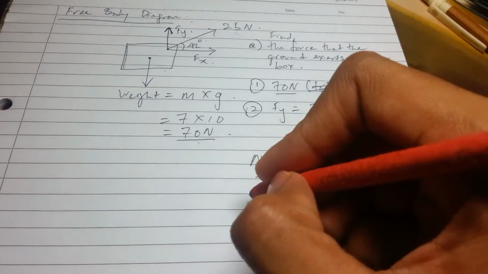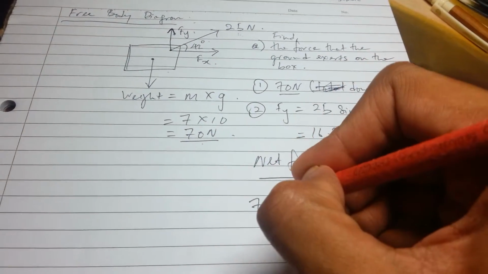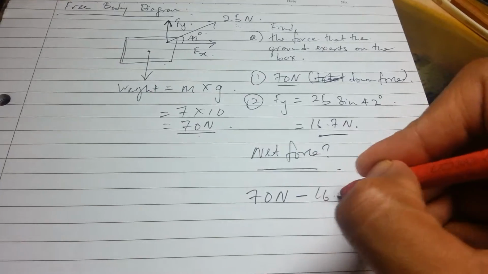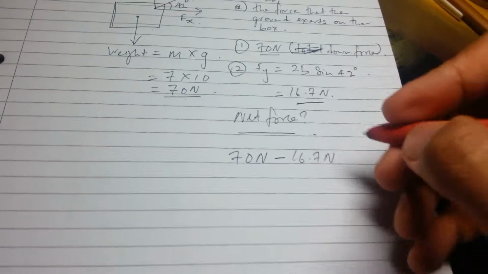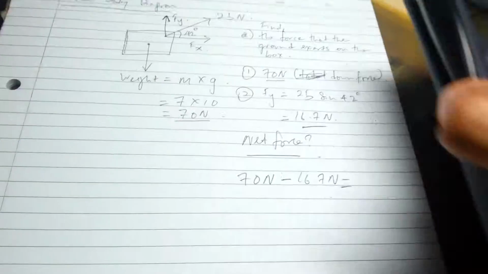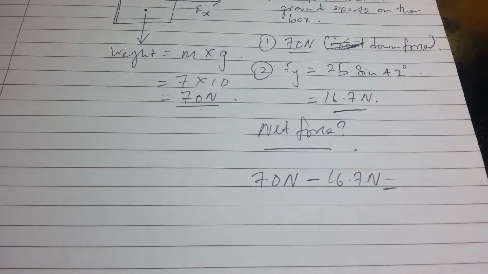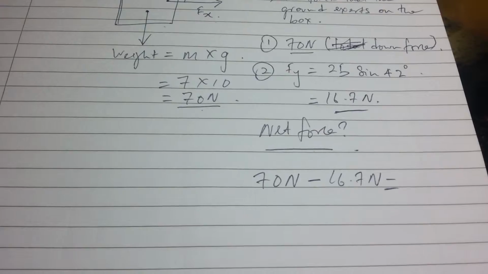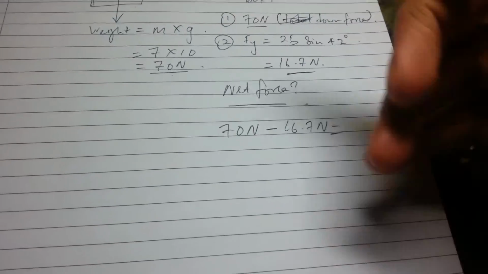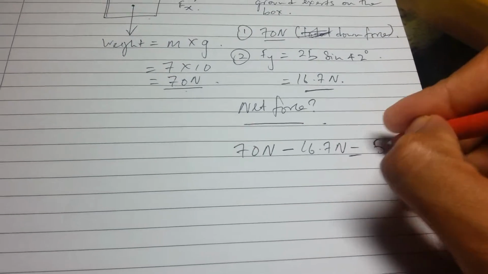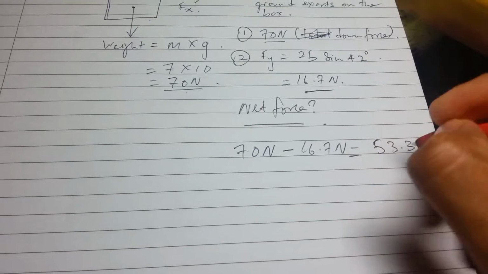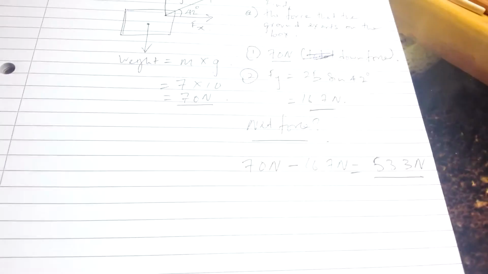So we take 70 Newton minus 16.7 Newton, and what you get is 53.3 Newton. Now this is the example that I'm going to give you.